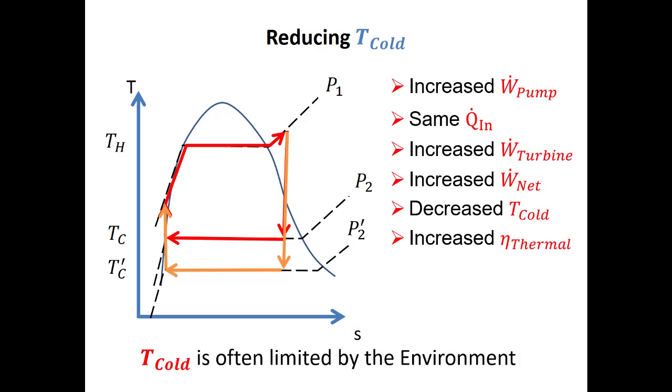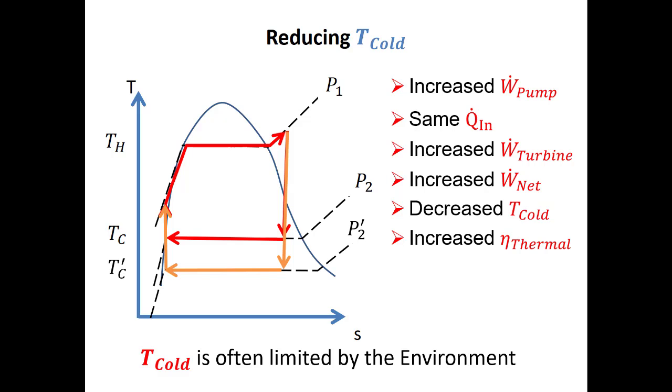In this diagram, we're adding the same amount of heat but getting more turbine power out. That gives us increased power, and the power increases faster than the heat rate because the heat rate isn't changing. So we increase our thermal efficiency.